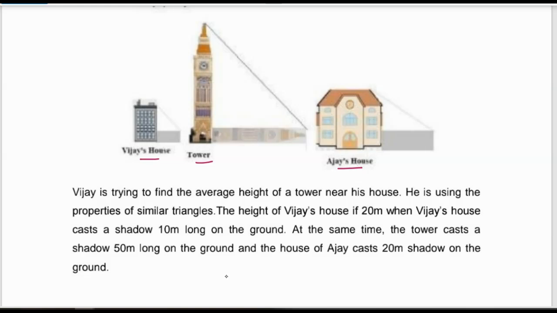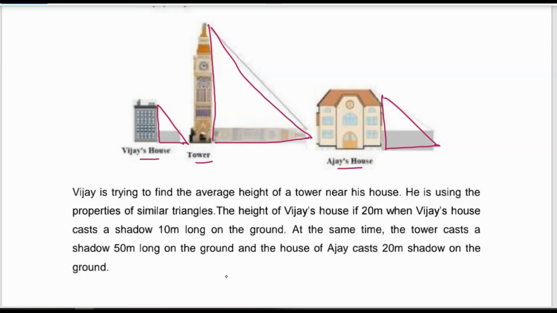So we are using the property of similar triangles. I'll take this as Vijay's house, this is the tower, and this is Ajay's house. We are taking these three parts.